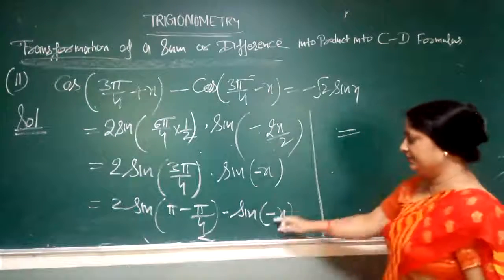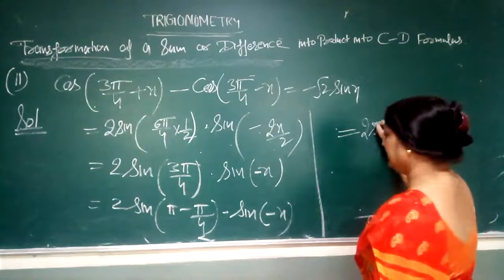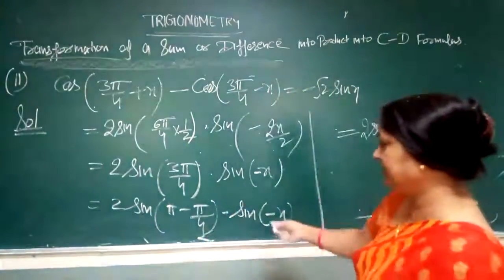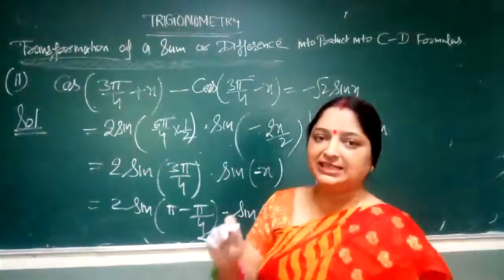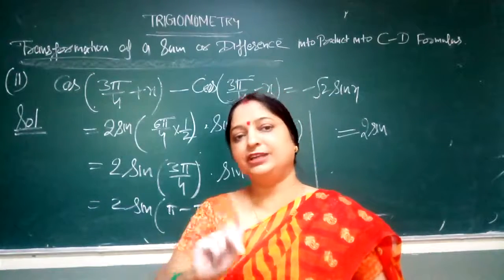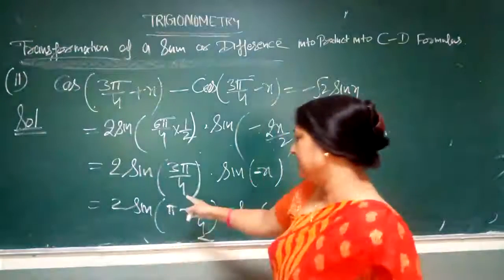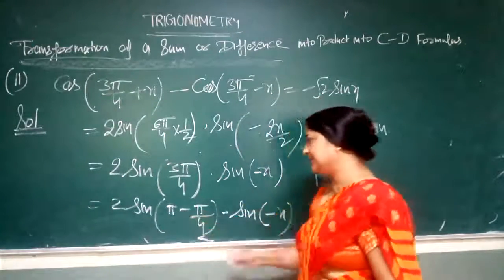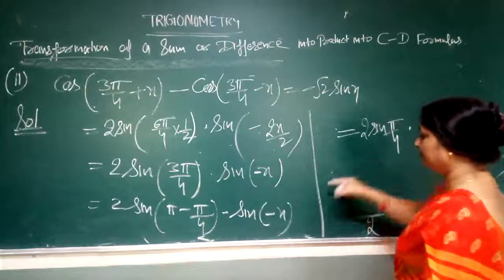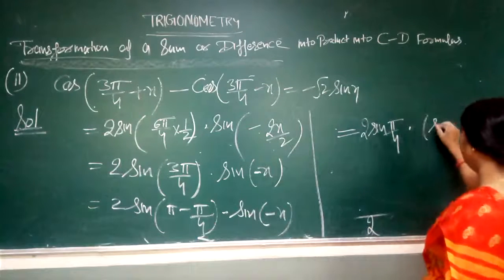After this step, 2 sin of 180 minus theta. It is in the second quadrant; you know that from 90 up to 180 is the second quadrant. In the second quadrant sine is positive. So it will be sin pi by 4 into sin of minus x.